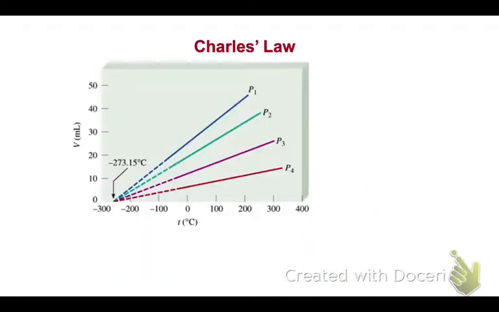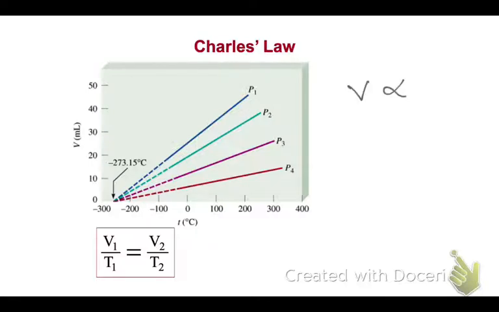This is a diagram to show you that when the temperature increases, the volume, which is the y-axis, increases as well, and that applies to multiple different pressures. The way we express Charles' law comes from the following. Volume is directly related to temperature. It means volume equals a constant times temperature.